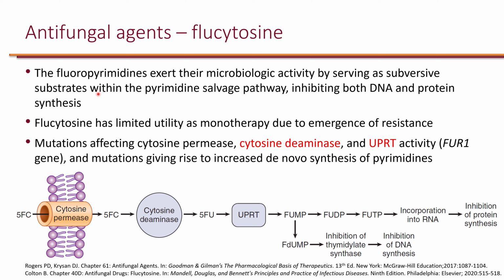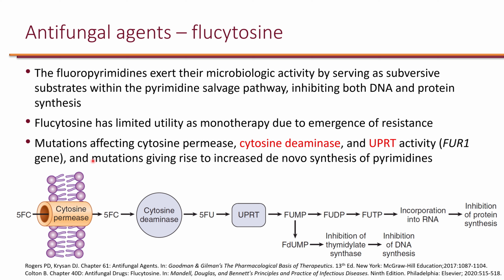Flucytosine must first be taken up by fungal cells by the energy-dependent transporter cytosine permease. Once in the fungal cytoplasm, flucytosine is readily deaminated to 5-fluorouracil by cytosine deaminase. Following conversion to fluorouracil, its antifungal effects are mediated through inhibition of both DNA and protein synthesis.